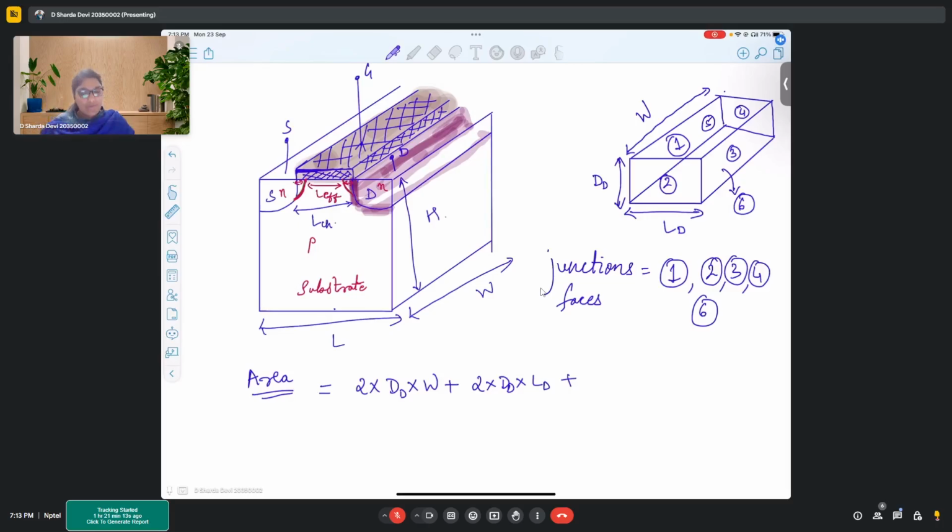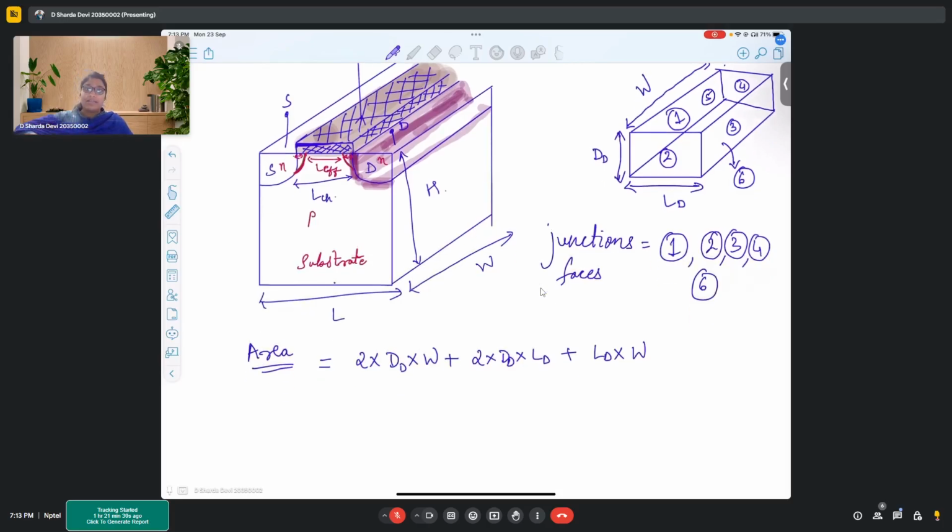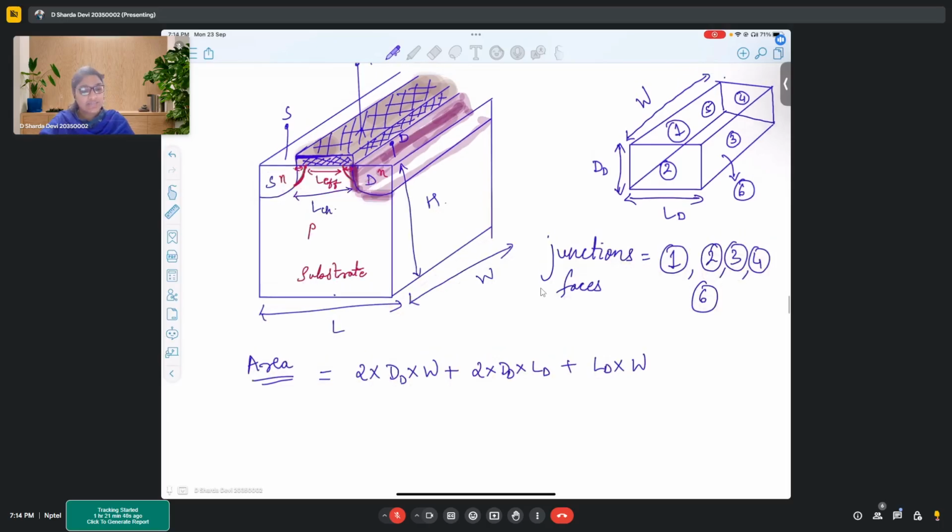The bottom face will have LD into W. Is this clear how we found out the area? Any doubts in the area? I hope there are no doubts, especially about the junction faces. If anybody is feeling like why this face is considered, why this is not considered, please feel free to ask, okay?